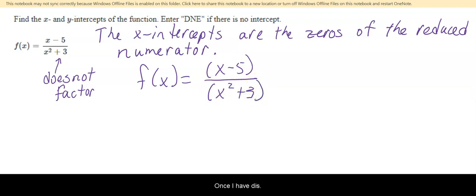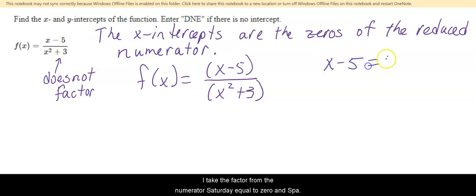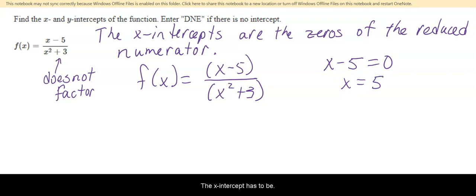Once I have this, the x-intercept comes from the numerator. I take the factor from the numerator, set it equal to 0, and solve. The x-intercept has to be at 5, 0.